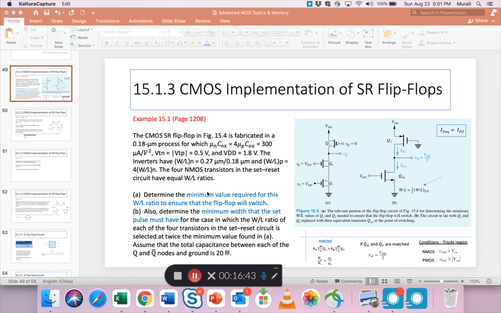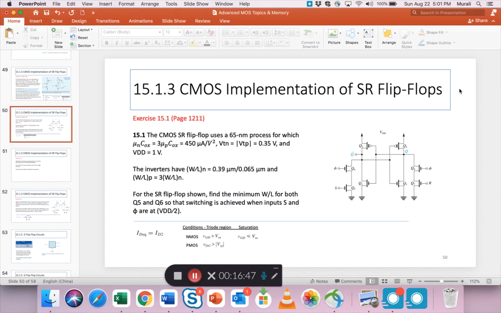Okay, let's continue, and let's look at the next numerical, and this is exercise 15.1 from the textbook also. So the previous one was an example, this is an exercise. Now this exercise is slightly different from what you actually see in the textbook, because I picked this from a different edition.